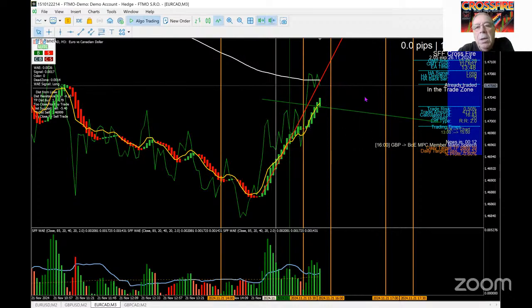What you really need for an ideal, for a textbook crossfire trade, is that wave to change back to red at some point and then go back to green, and then for the 13 moving average to cross over the 200. Then you've got 3 of your filters satisfied, and then you need to come down and look at the order attack. But don't forget, your trading assistant does that automatically.